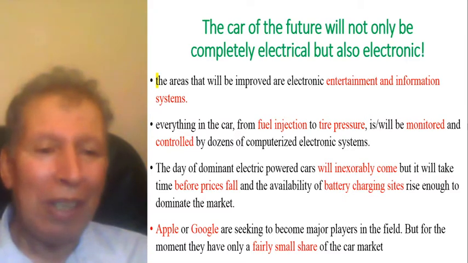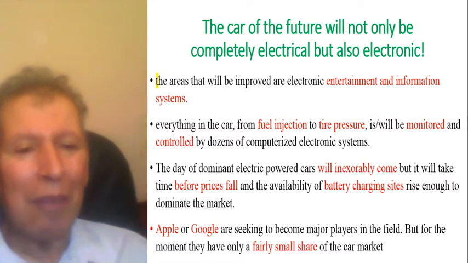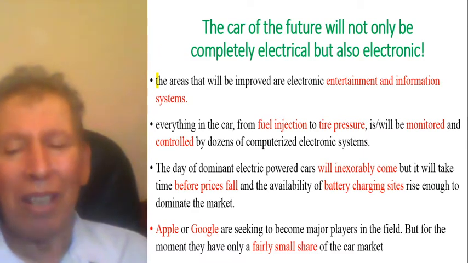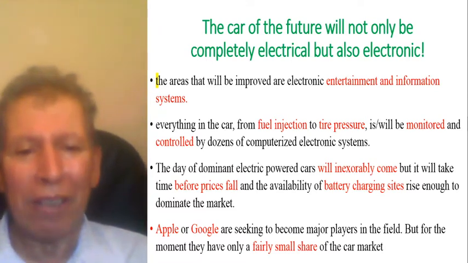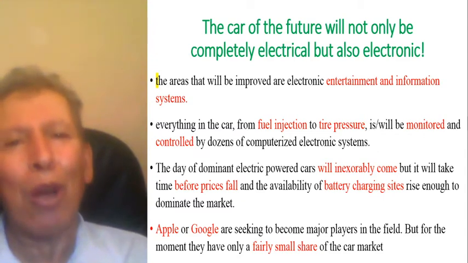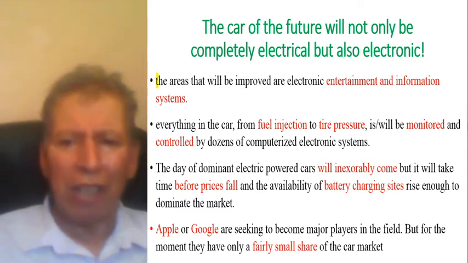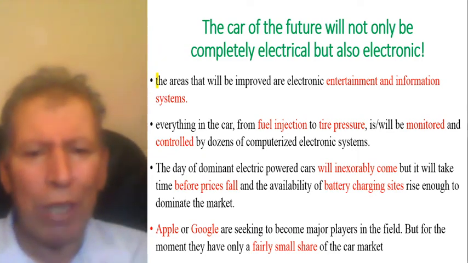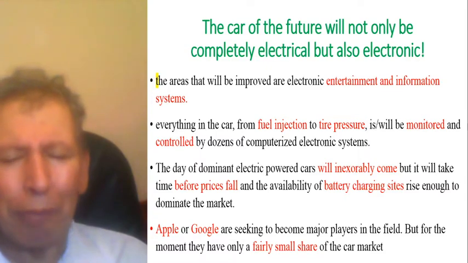But these are very ambitious companies, and they are seeking to get room for themselves in the automobile market. But will they be successful in that endeavor or not? That's the question. They are seeking to become major players in the field, but for the moment they have only a fairly small share of the car market.